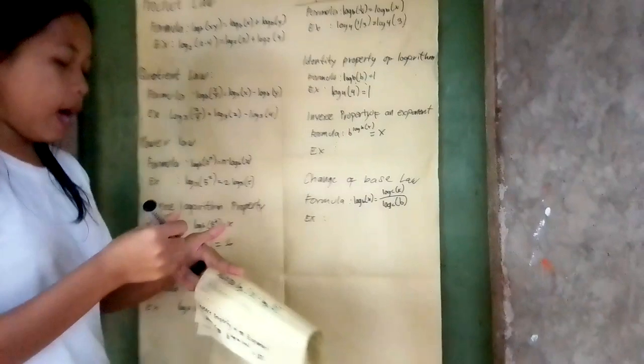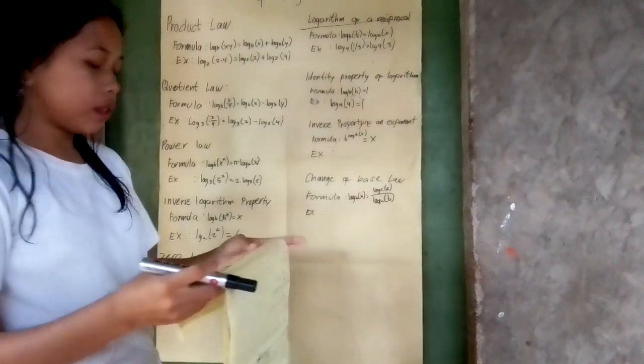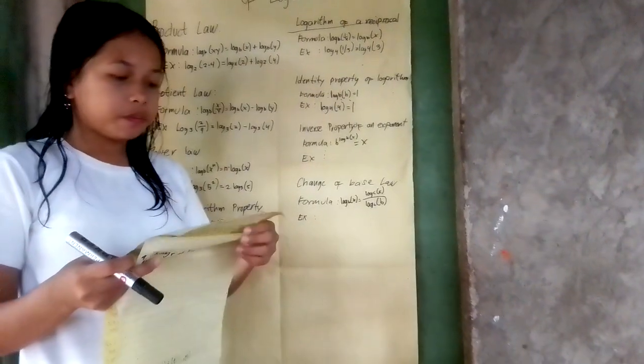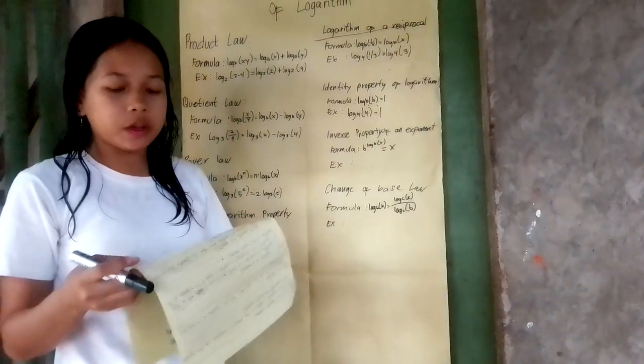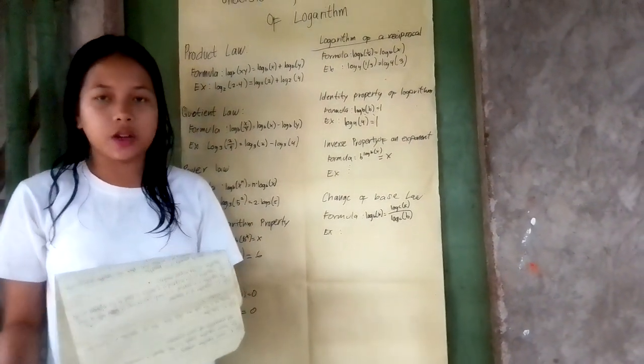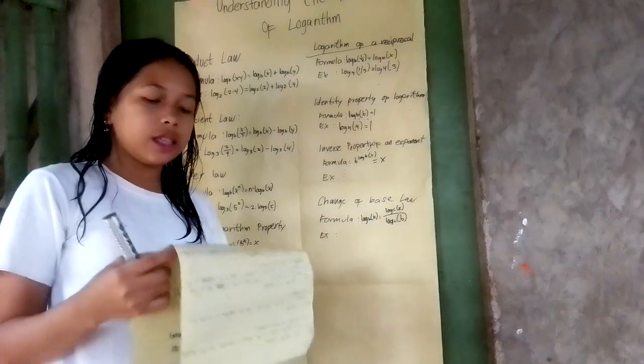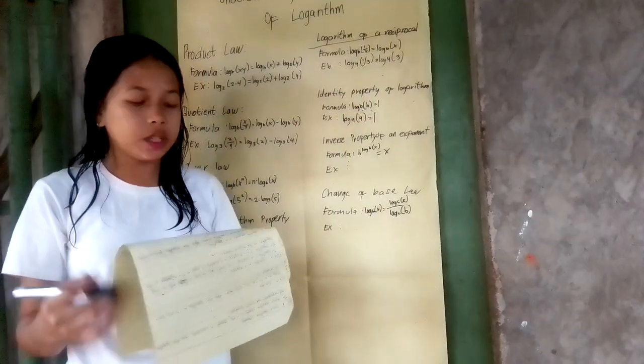So next up, the inverse property of an exponent. The inverse property of an exponent is a concept related to the power law. It says that if we take the logarithm of a base to a certain power, we get the exponent itself.